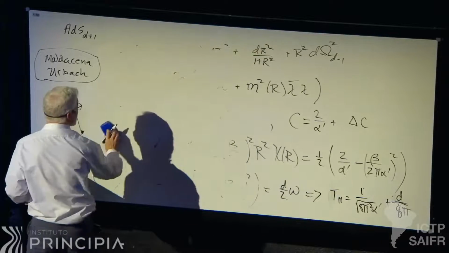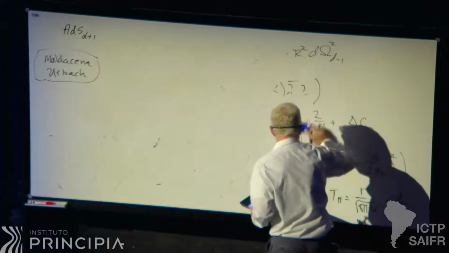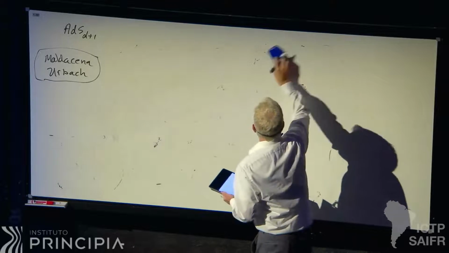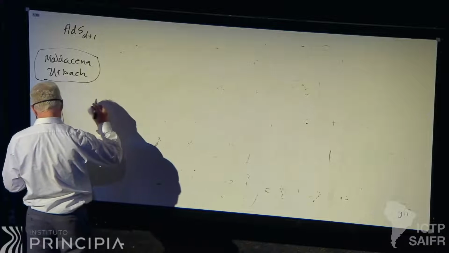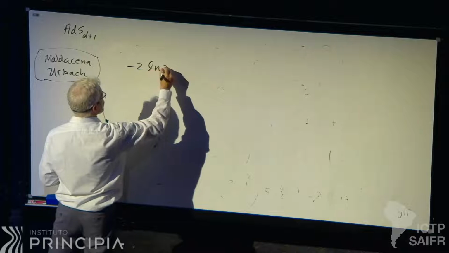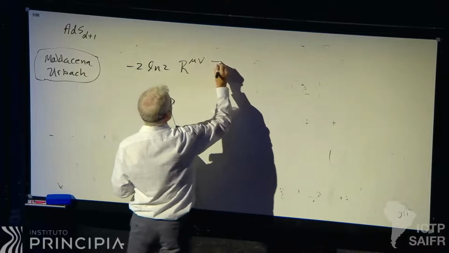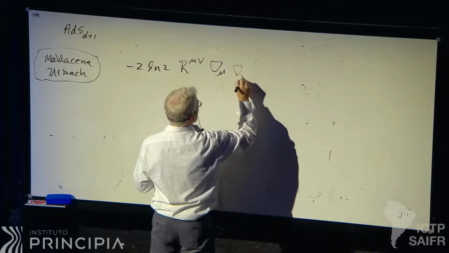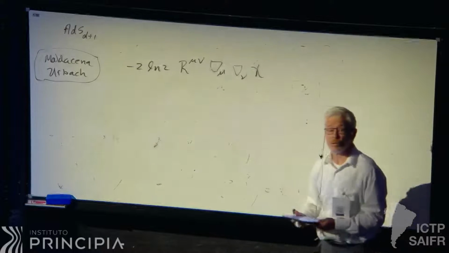It would look like a minus 2 times the log of 2 times R mu nu times d mu d nu acting on chi. So this would be an extra term that you would add.